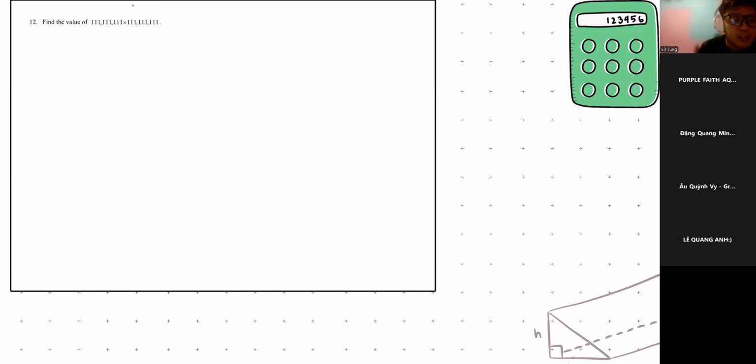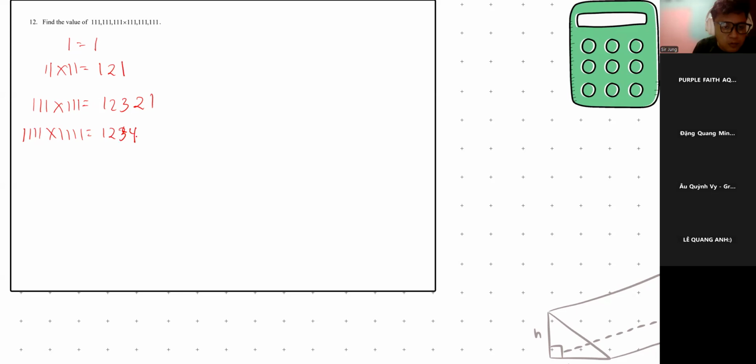So for this one, there is a pattern, okay? So 1 times 1 is just equal to 1. 11 times 11 is equal to 121, right? 111 times 111 is equal to 12321. 1111 times 1111 is 1234321, right?